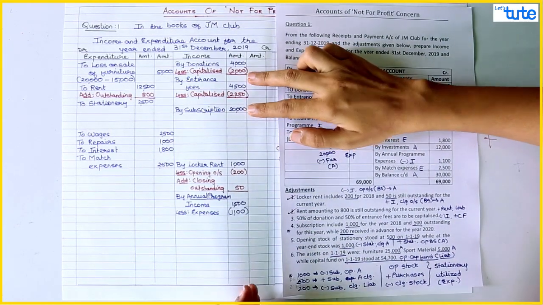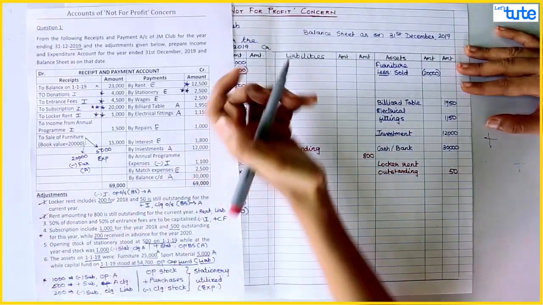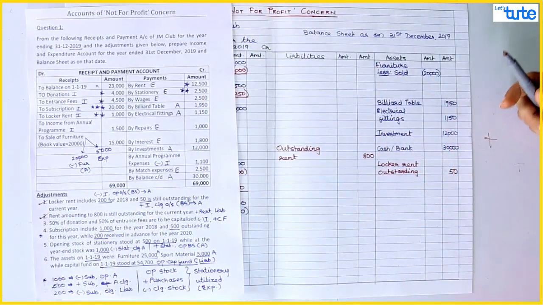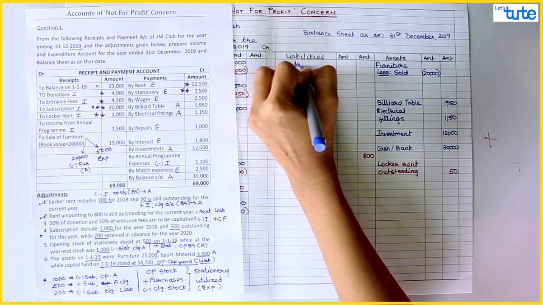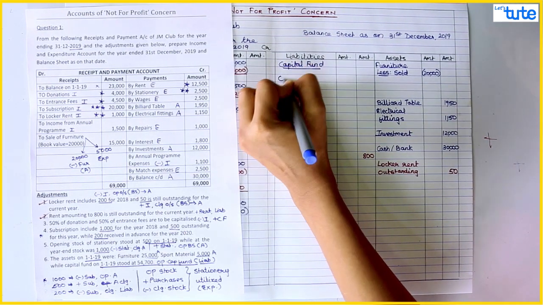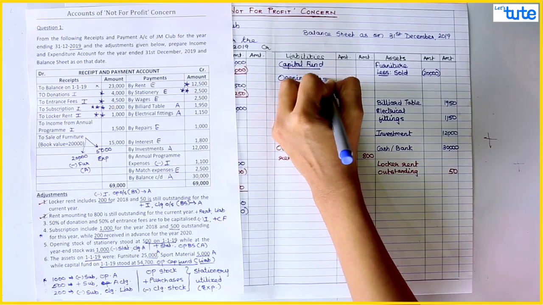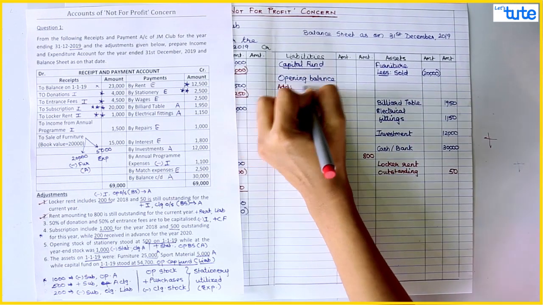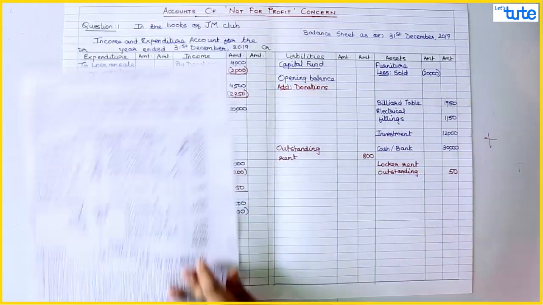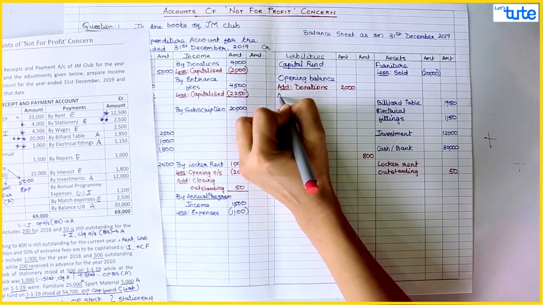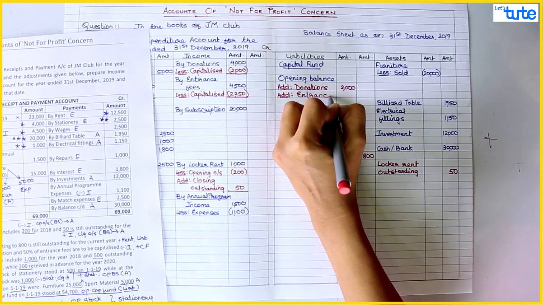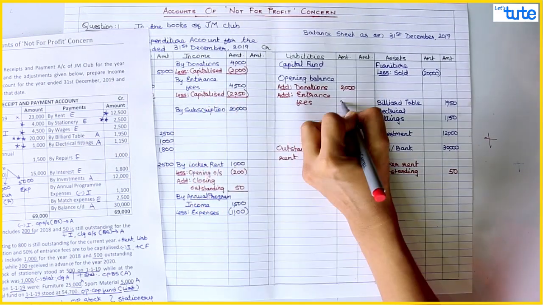This capitalized amount will go to add to capital fund. So over here we will have capital fund. In that we will have the opening balance, add donations capitalized as 2,000, add entrance fees capitalized as 2,250.